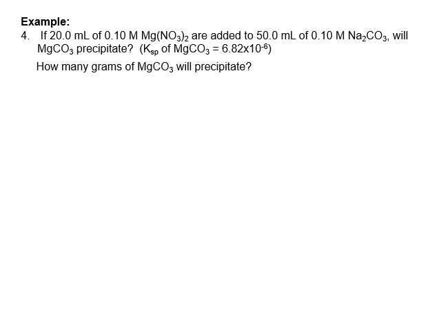Let's write the equilibrium equation again. We could set up an ice table with our initial concentrations of magnesium and carbonate ions from the previous problem.